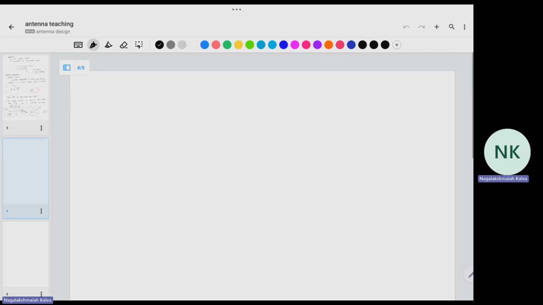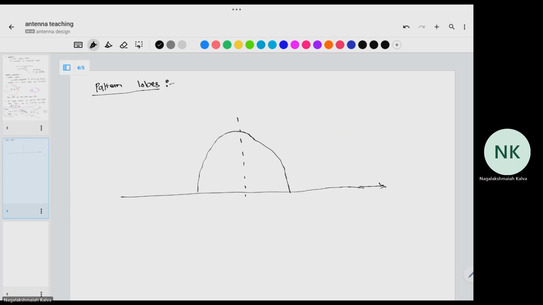So here we'll get one more term called pattern lobes. The general rectangular plot of a radiation pattern will have a maximum at the intended direction. We'll call it 0 degrees.